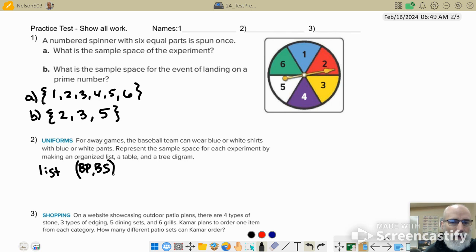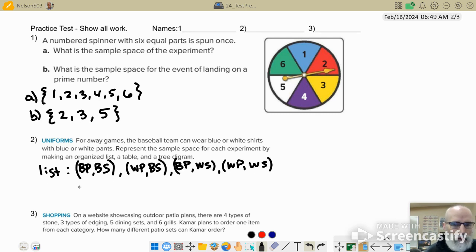I guess I could put an ordered pair around them, and then I could say this is my list right here. Then I could say white pants with blue shirt, and then blue pants with a white shirt, and then white pants with a white shirt. Okay, so that's one way to make a list.